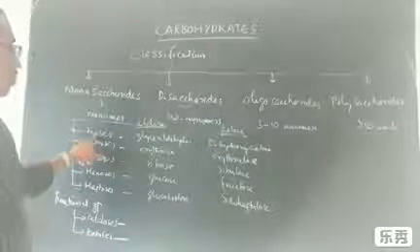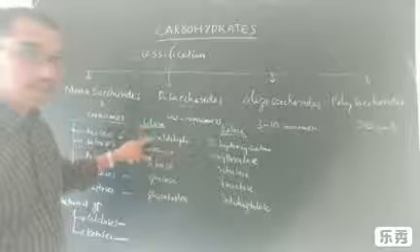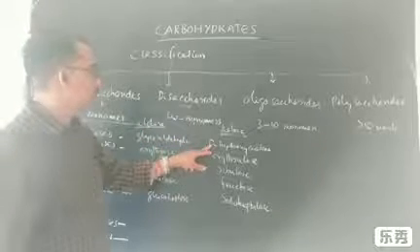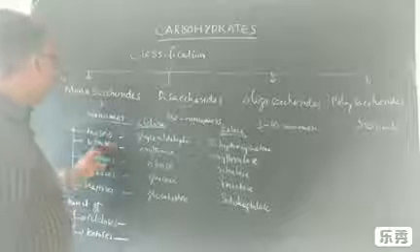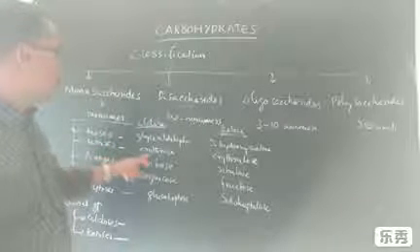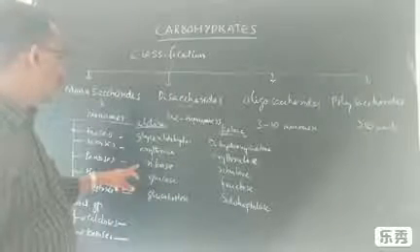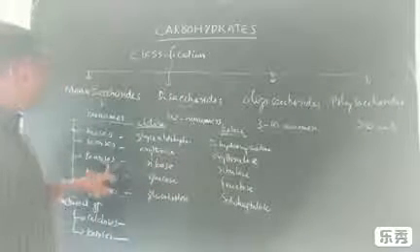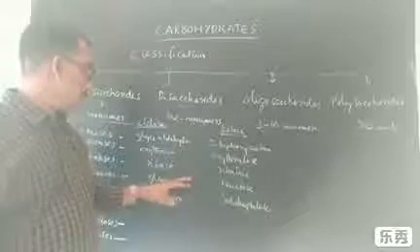See, the example for triose is glyceraldehyde, an aldose which contains an aldehyde group. The corresponding ketose is dihydroxyacetone. For tetrose, it is erythrose, and the corresponding ketose is erythrulose. For pentose, ribose, the corresponding ketose is ribulose.